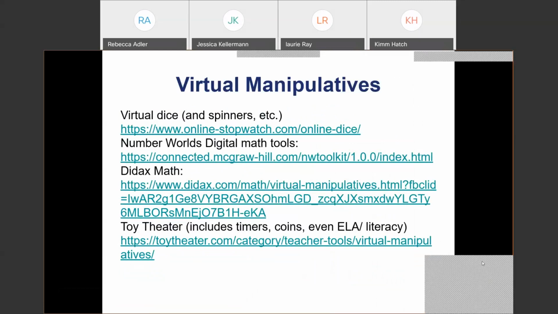That's the one nice thing through all this craziness this past year: there have definitely been more and more manipulatives online available to us as teachers and to our students, which has been awesome, and great extra resources that we don't necessarily have to pay for. So that's just a little slide for you guys to use if need be.